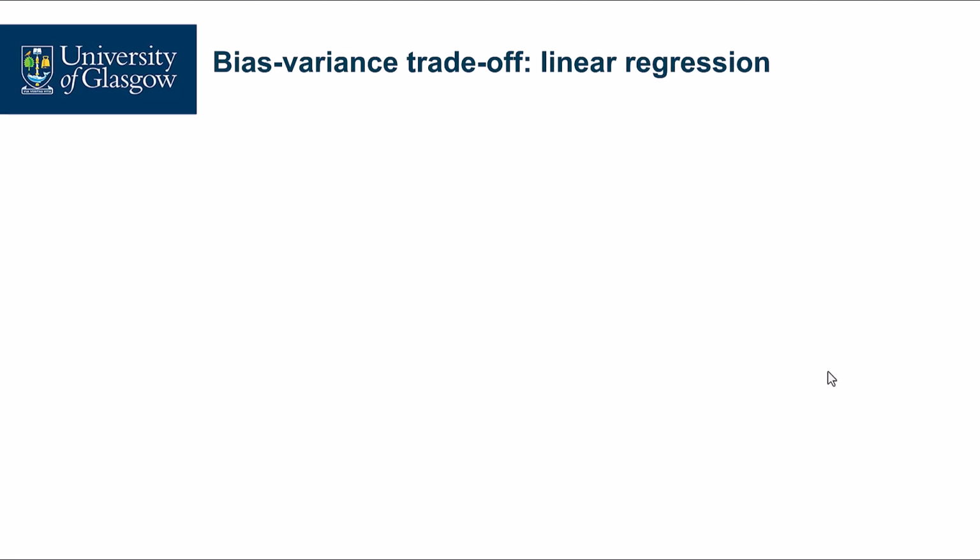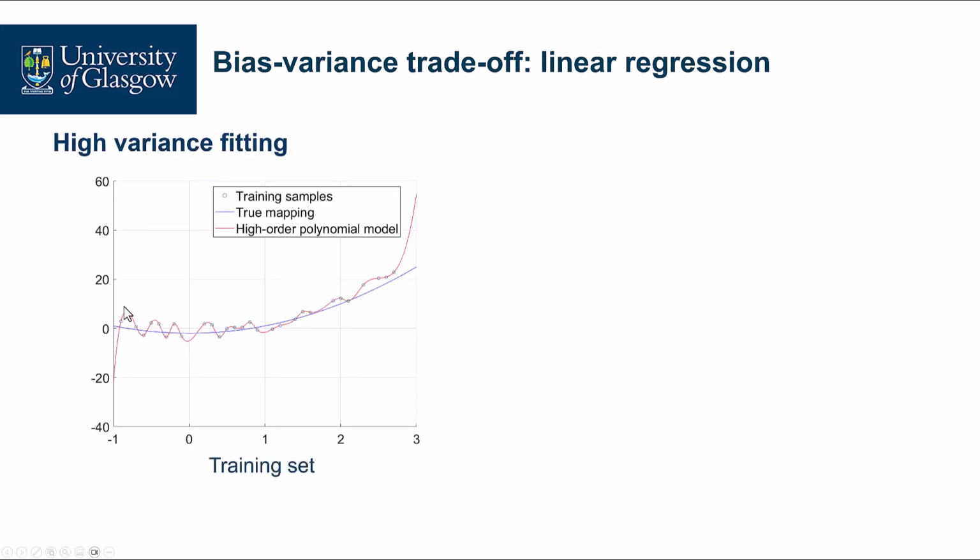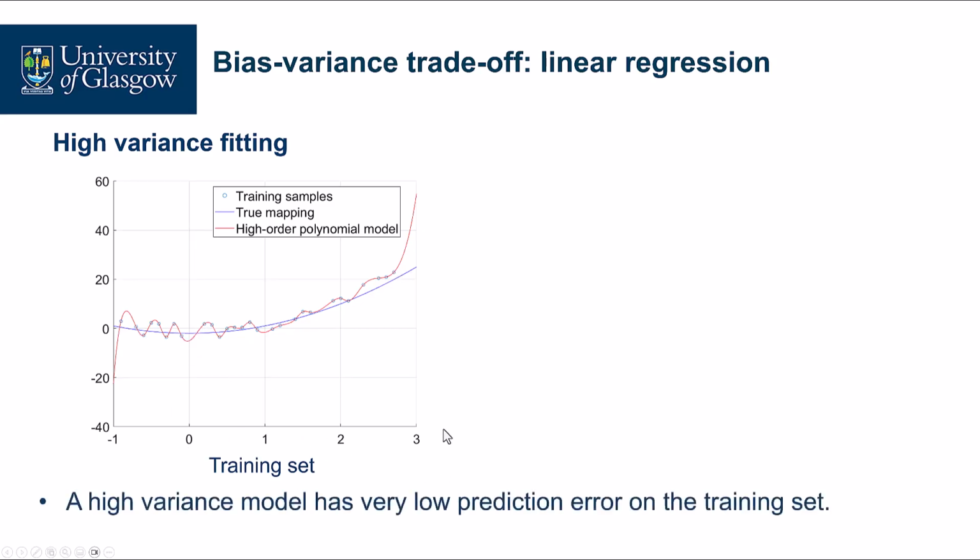How about high variance fitting? As we can see in this figure, this is the true mapping. And here I use a high-order polynomial model to fit this. Considering the training set, the prediction error is very low, right? It fits very well.